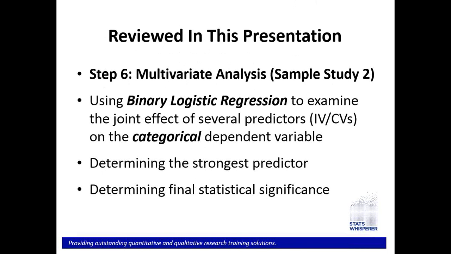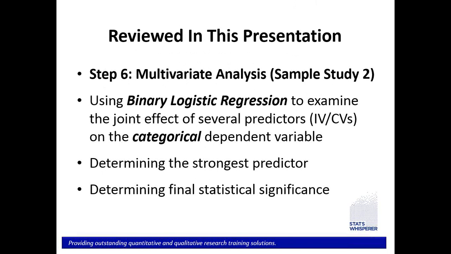Our dichotomous dependent variable, happy, yes, no. From here, we will determine the strongest predictor of being happy, as well as determining the final levels of statistical significance for our predictors. Right?